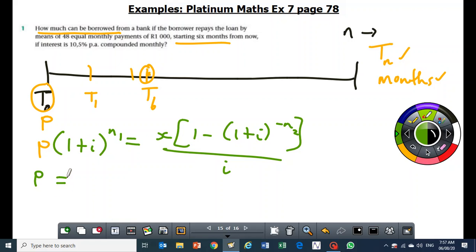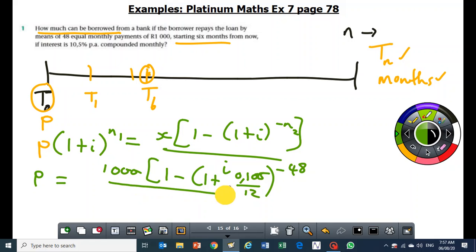If I substitute here, it's 1,000 times 1 minus 1 plus. The interest rate is 10.5%, so that will be 0.105 over 12. Raised to the power of, now, my n2 is the number of payments which was made, which is 48. So that will be minus 48, all over i, that's 0.105 over 12.